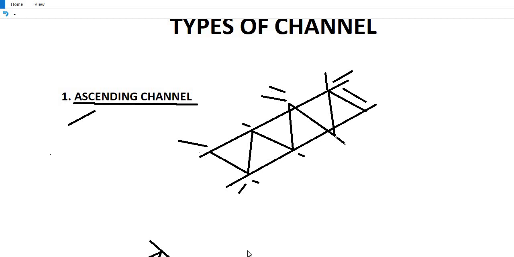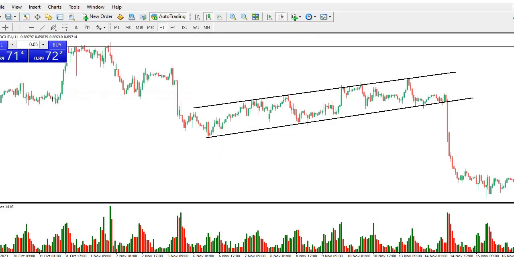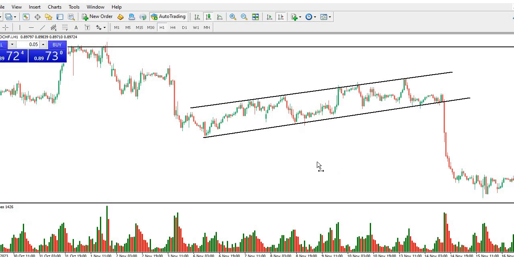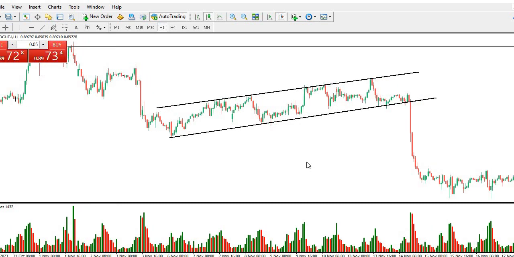Guys, now let me take you to the real chart to show you an example and how to trade them. So first of all, as I mentioned, the trend lines must be 100% parallel to each other. Secondly, guys, let me pinpoint the areas where the market made the small fake outs. See, these small fake outs are normal.